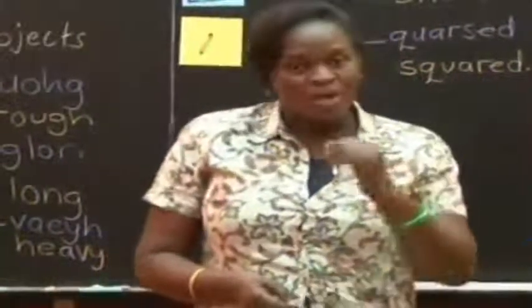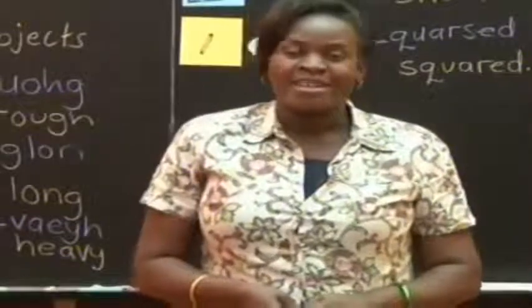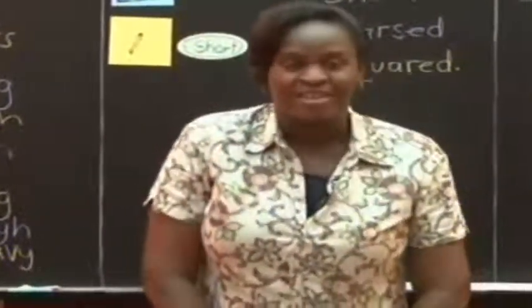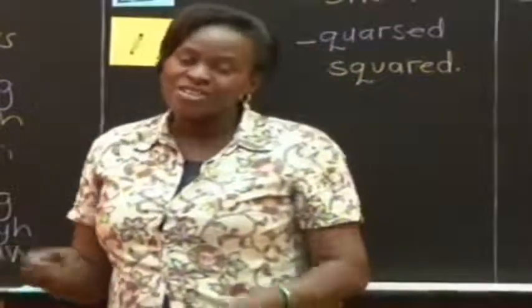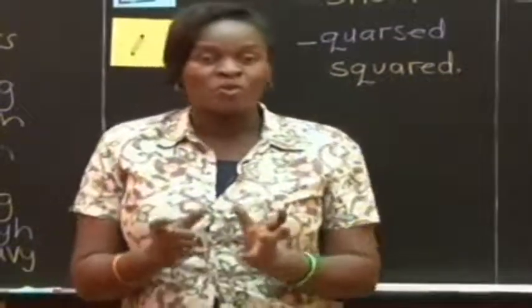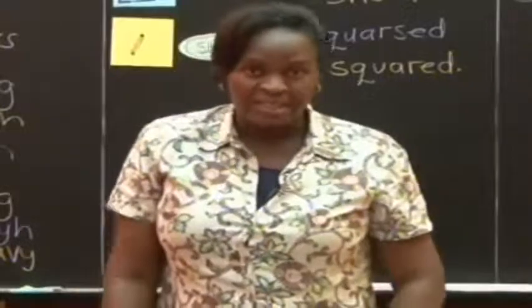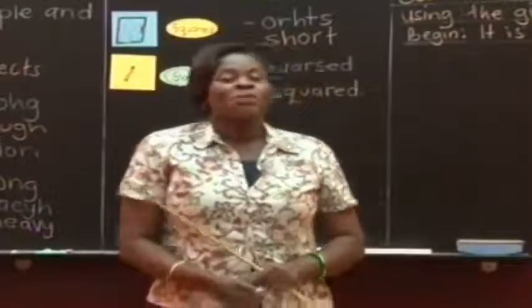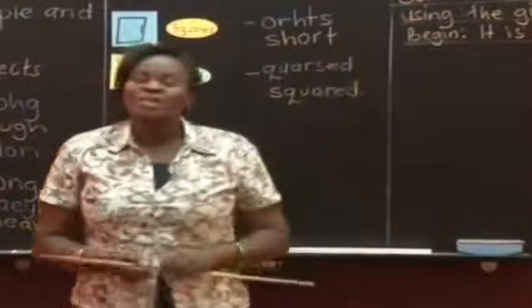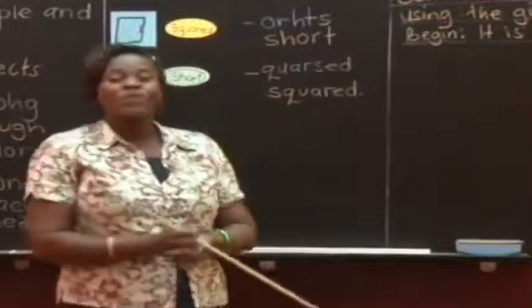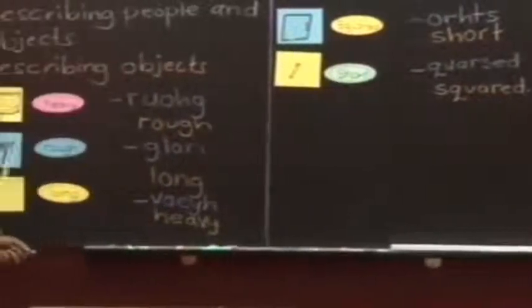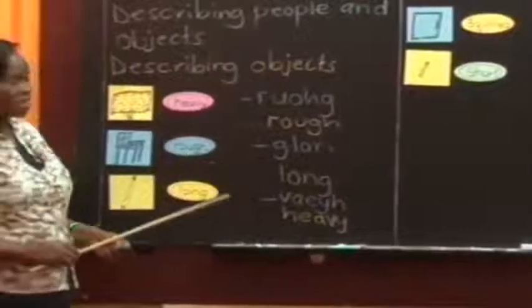Good children, welcome back from that short break. I'm teacher once again. Before you went for that short break, we were looking at our adjective words which we use to describe objects. And if we have those words to describe objects, we are supposed to begin constructing our sentences using which words? These ones which we have looked at when we are describing our given objects for today.